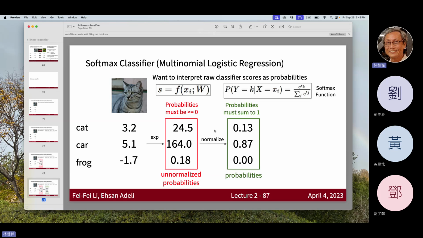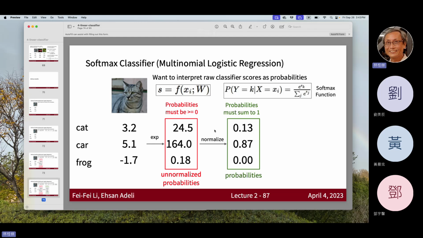The absolute value sometimes doesn't make much difference. But if we convert that into probability, then we can appreciate that 87% probability versus 13% probability, 87% is quite significant, better than 13%. So this is called the softmax.